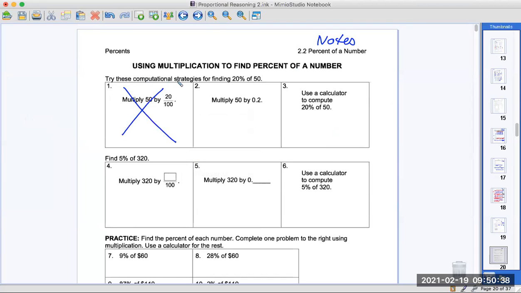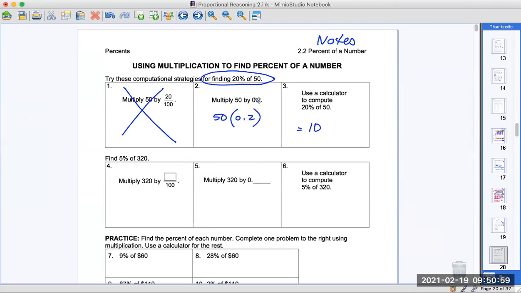Try these computational strategies for finding 20% of 50. Multiply 50 by 0.2. Use your calculator. 50 times 0.2 is 10.